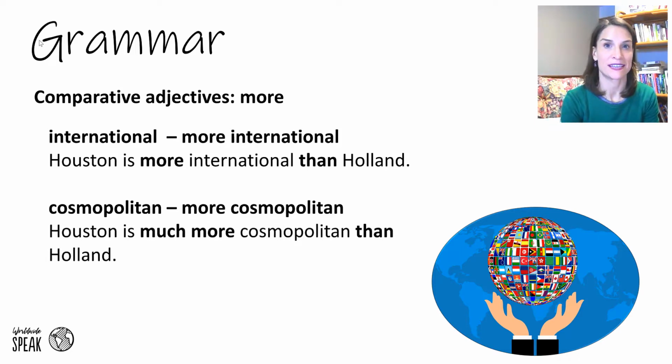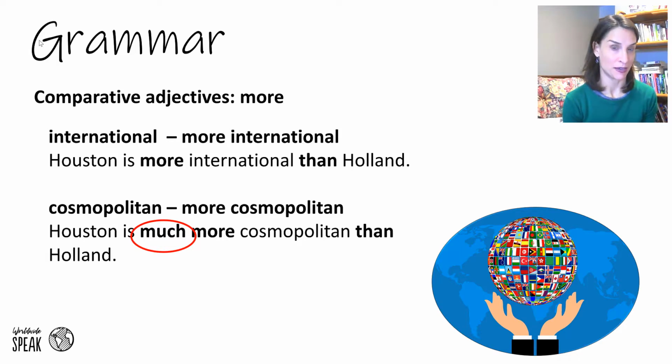And I wrote a sentence like this. Houston is much more cosmopolitan than Holland. So I wanted to tell you that the difference between these two cities is very, very big, so I included the word much in front of more in my comparison.